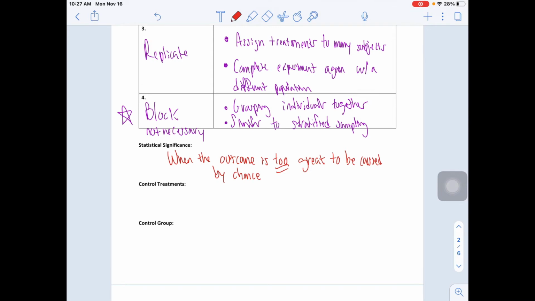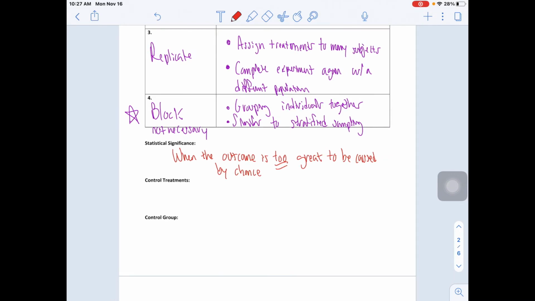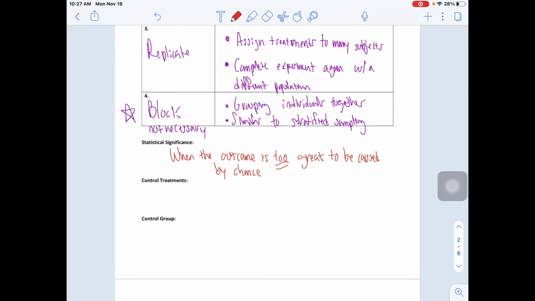So like going to that example where we made an experiment and I was saying, is it better to sleep at 8 p.m. or 10 p.m.? And we did 25 people in each of those groups.